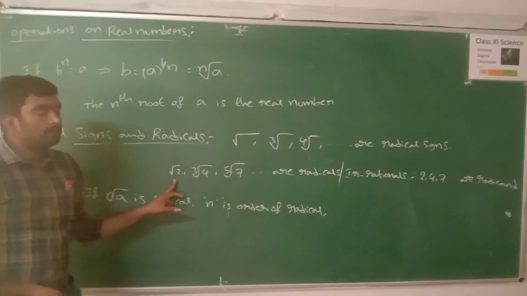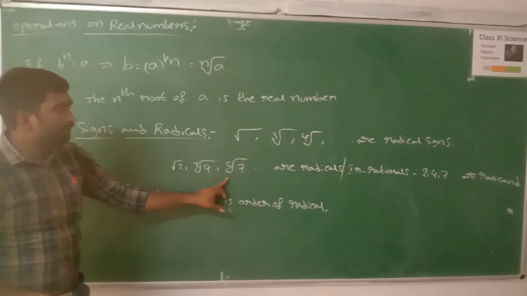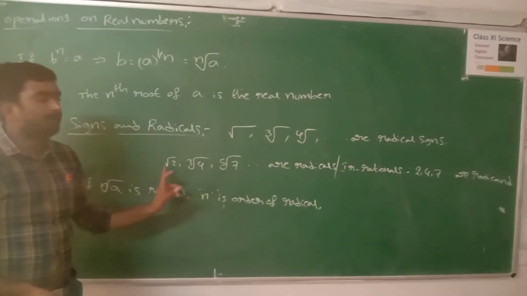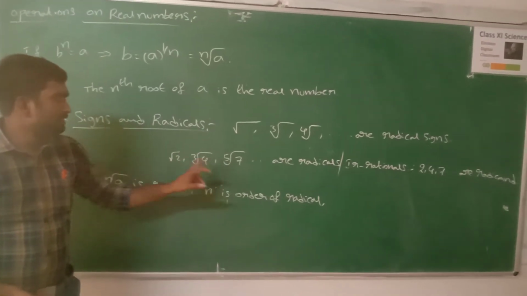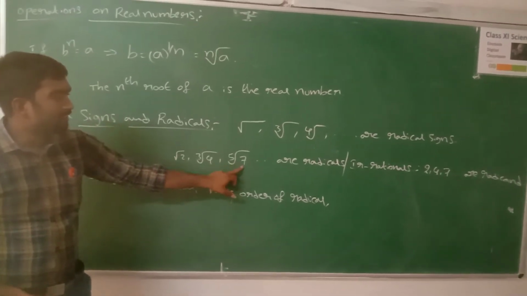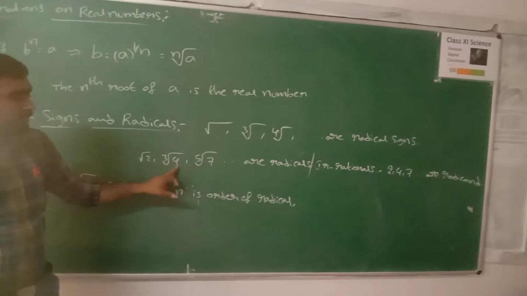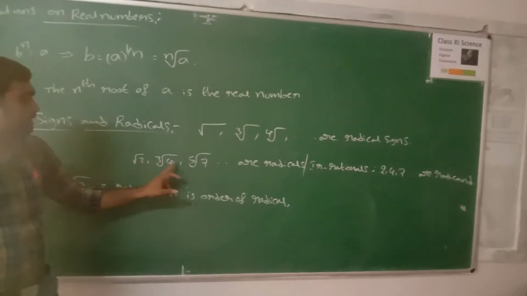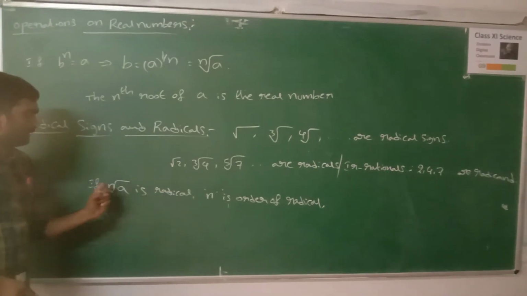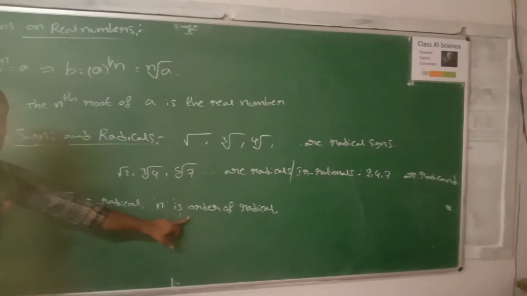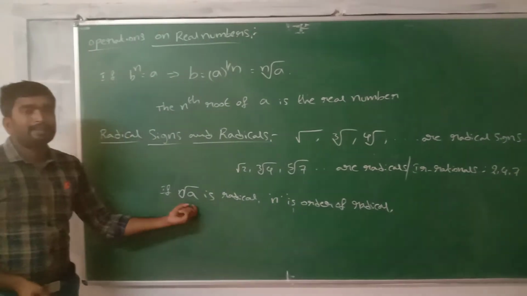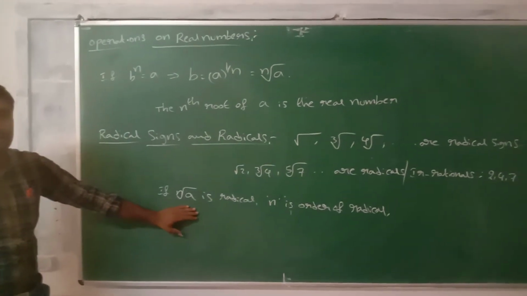And root 2, third root of 4, fifth root of 7 are the radicals or irrational numbers. In these radicals, 2, 4, 7 are the radicand. The nth root of a is the radical, and n is the order of the radical.